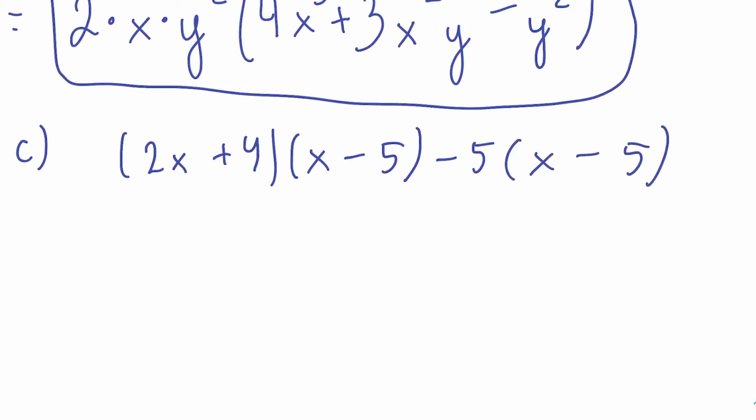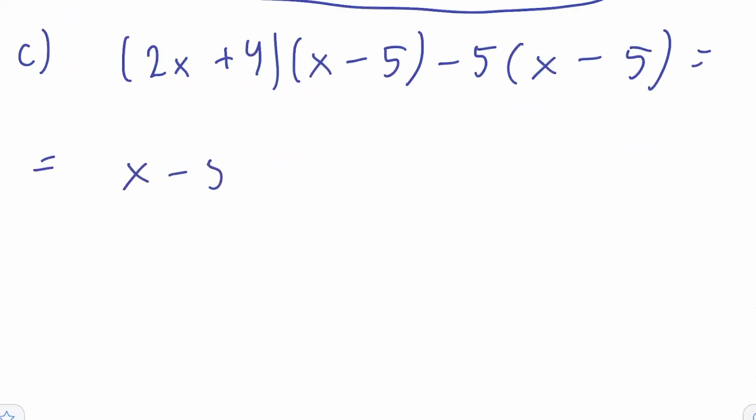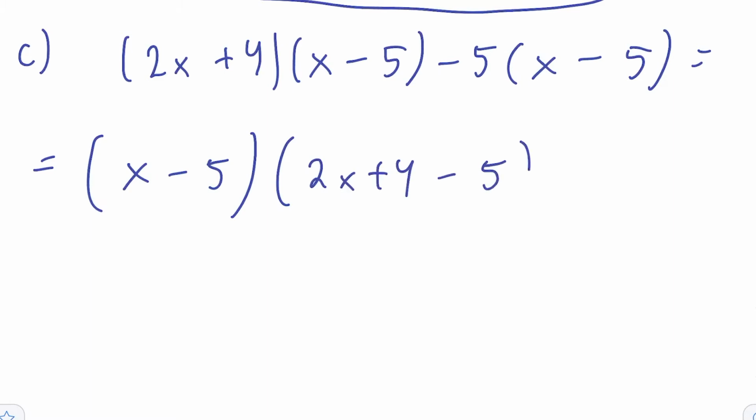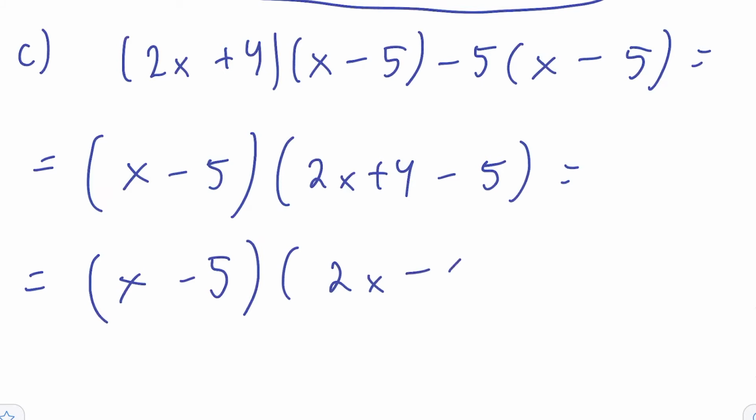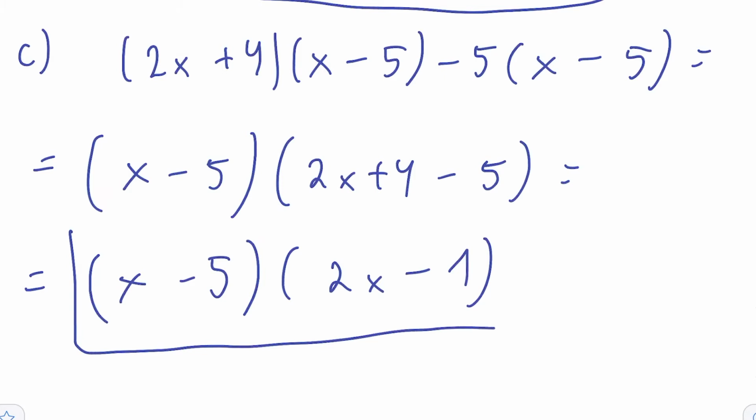So in this case, the common factor that both of these terms have is x minus 5. So we'll factor out x minus 5, and we'll have 2x plus 4 minus 5. So that'll end up being x minus 5 times 2x, 4 minus 5, that's minus 1. And that's it.